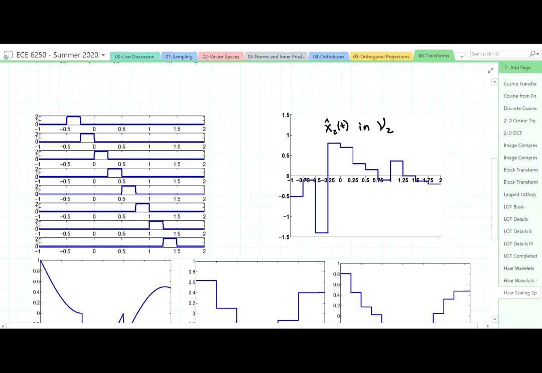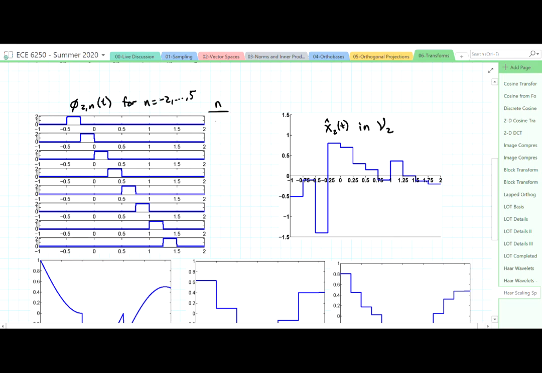So it's piecewise constant on intervals of 1/4. And so we have here V2 comma n of t for n equals -2 to 5.